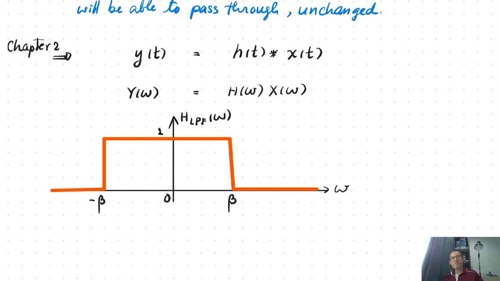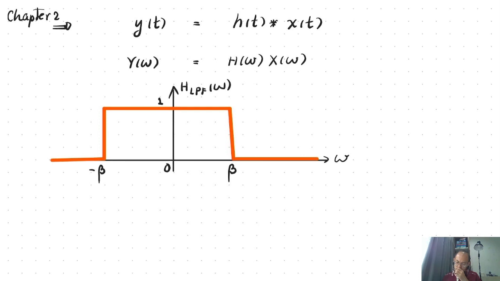So if H is described by this function, we see that if the frequency is between minus beta and beta, then the value of H would be 1, right?